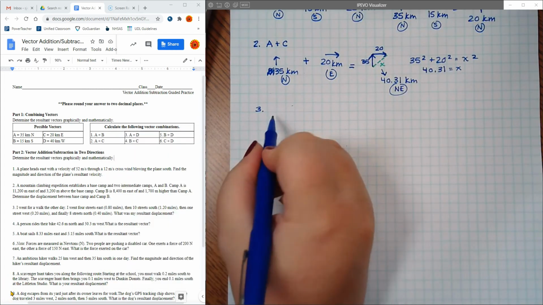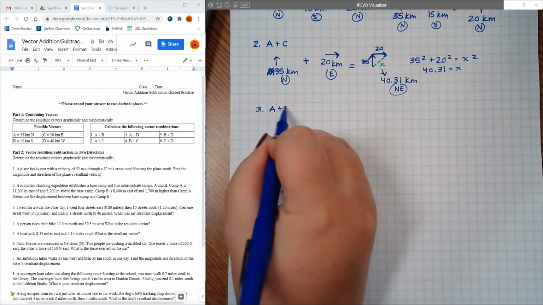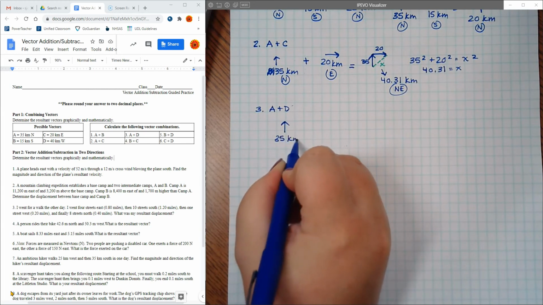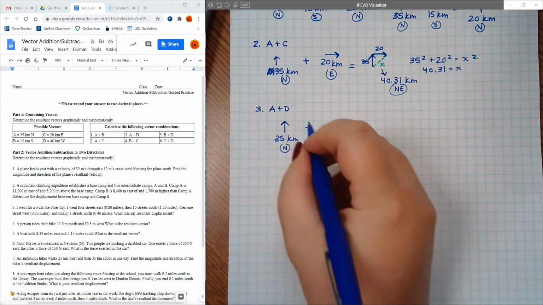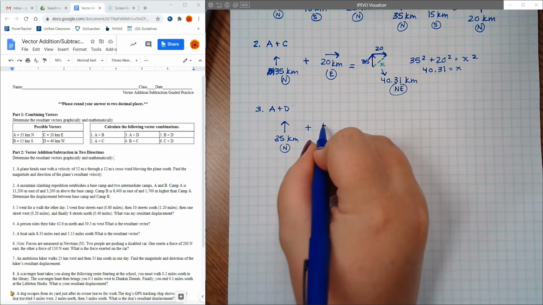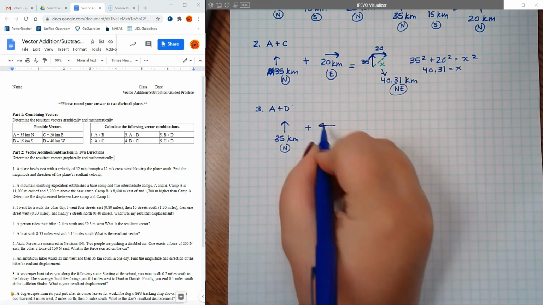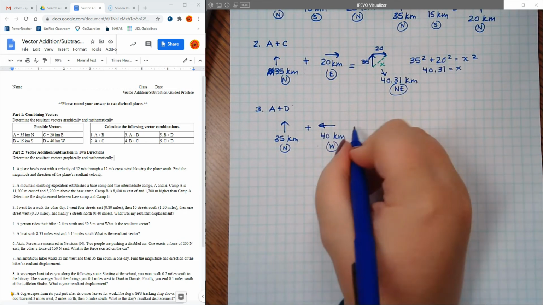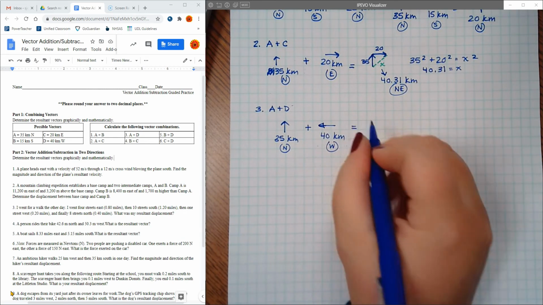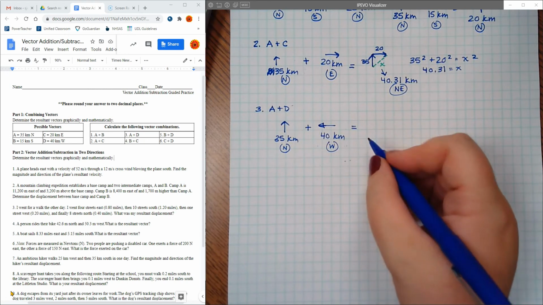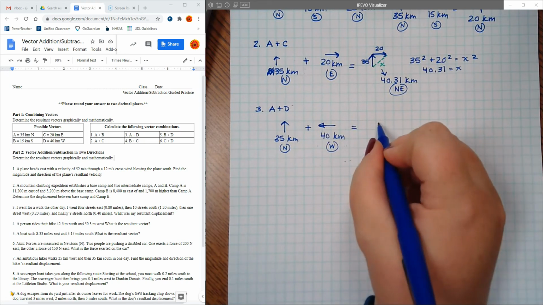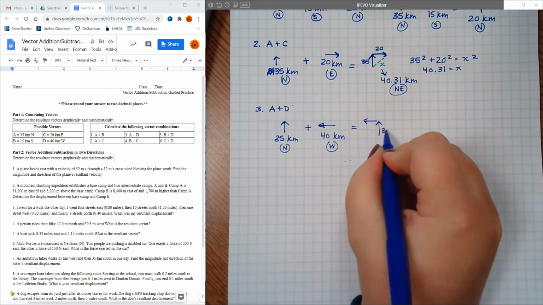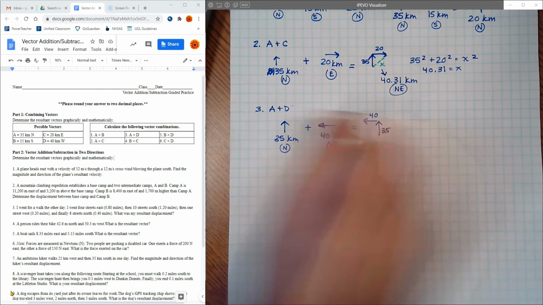For number 3, I'm combining vectors A and D. A is 35 kilometers north, and D is 40 kilometers west. When I combine these, since they're not parallel, I have to do nose to tail again. So I have north and west, just labeling with their numbers.